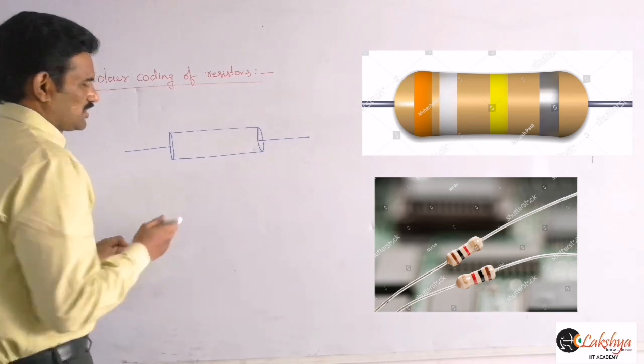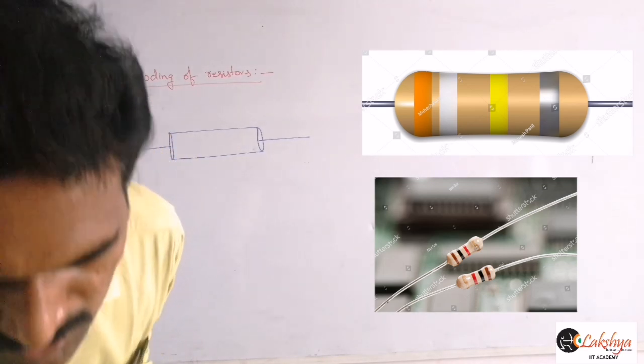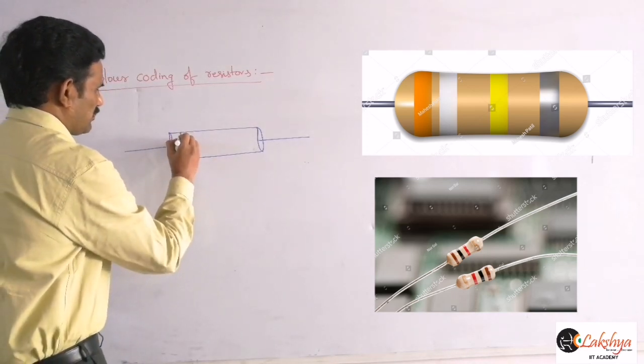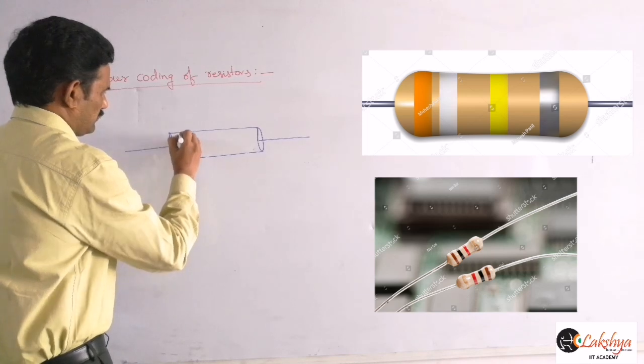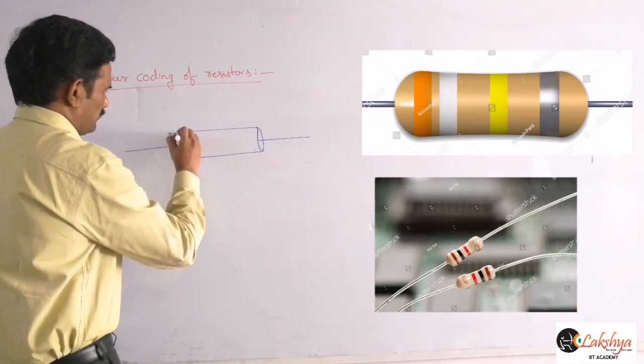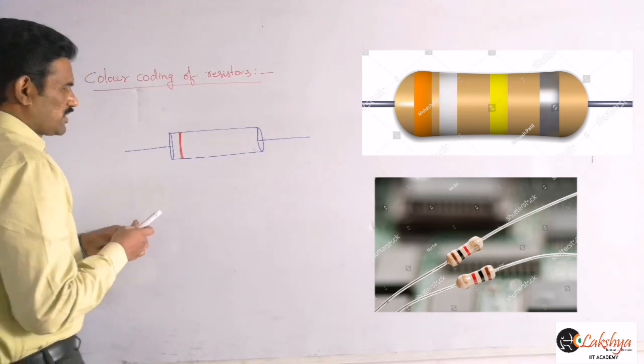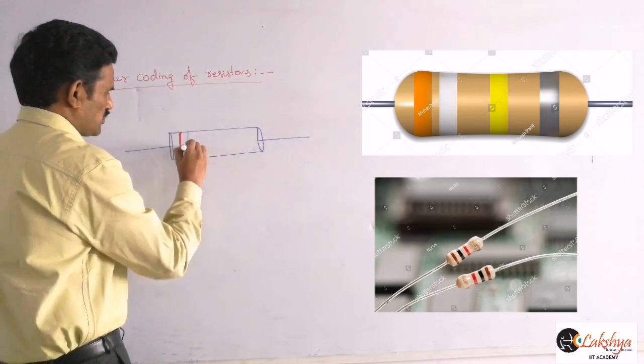Suppose one colored band will be there like this, and then three colored rings will be there somewhat closer to each other.